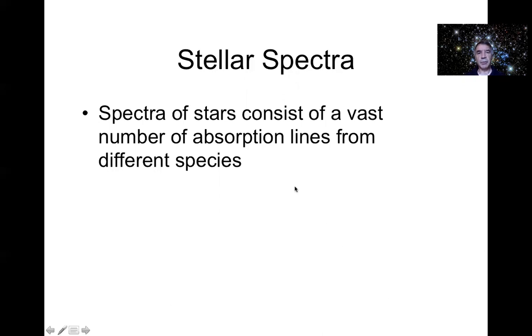Let's put a few words on those pictures that I've just been talking about. In the spectrum of stars, I showed you the example of the sun. There really are a vast number of absorption lines from lots of different species. The term species here I'm using to represent atoms of all the different elements, but then you've also got all the different ionization states of all the different elements as well.